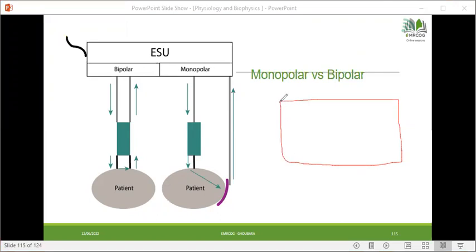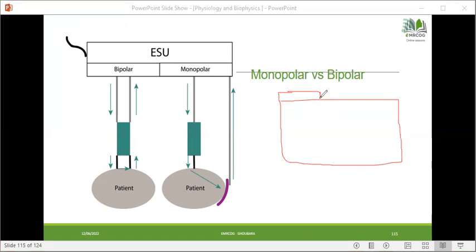In diathermy, I'm using the source of electricity to generate energy or heat. So I'm transforming the electricity or electric waves to heat.